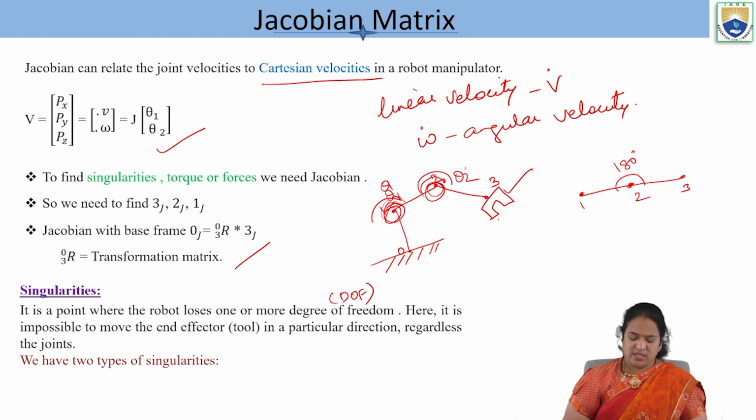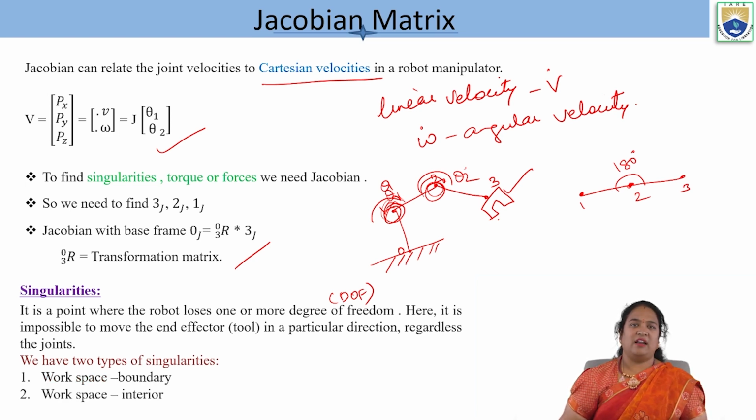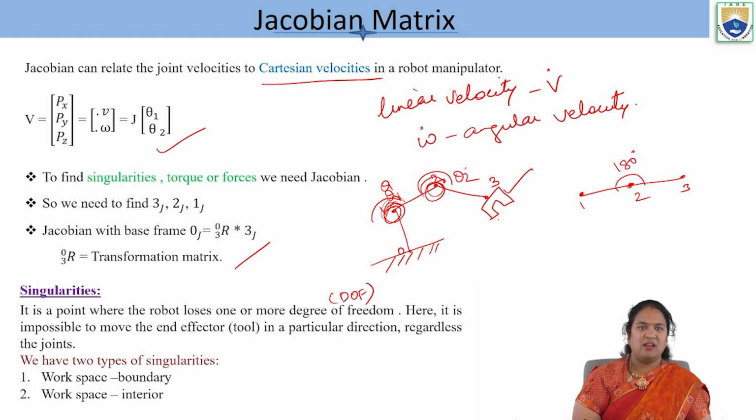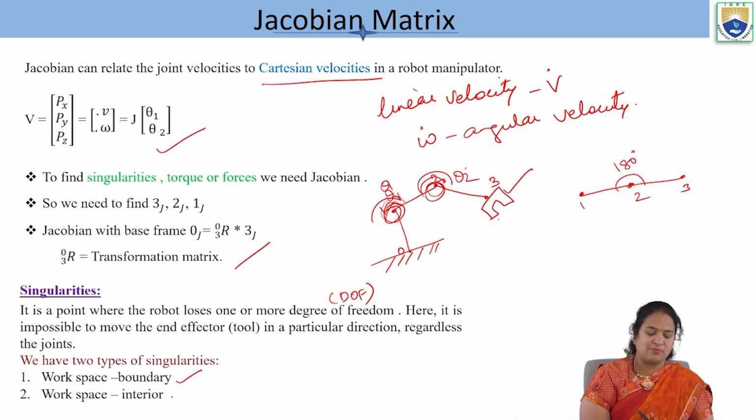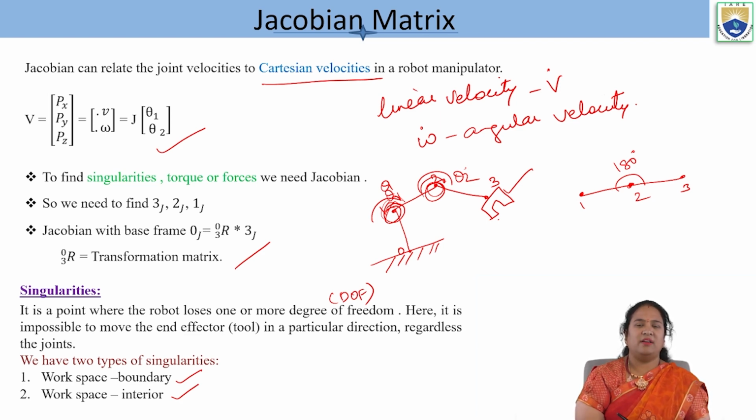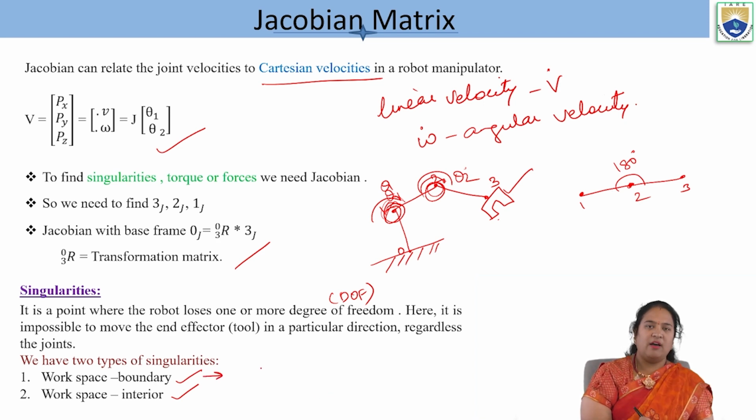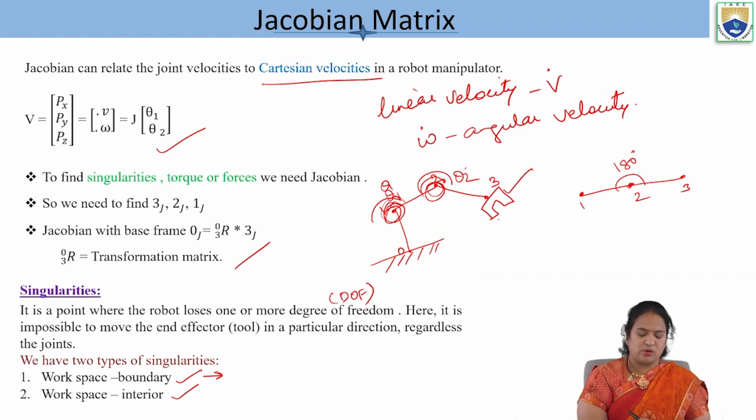Here we have two types of singularities, the workspace boundary and the workspace interior. What do we mean by workspace boundary and workspace interior? Workspace boundary is a robot which can be folded up and used, and this robot will be at the boundary condition.